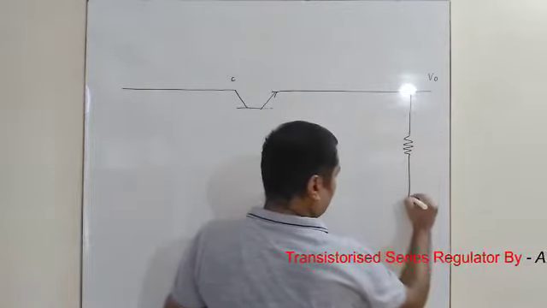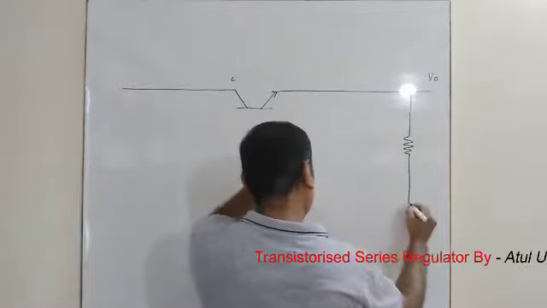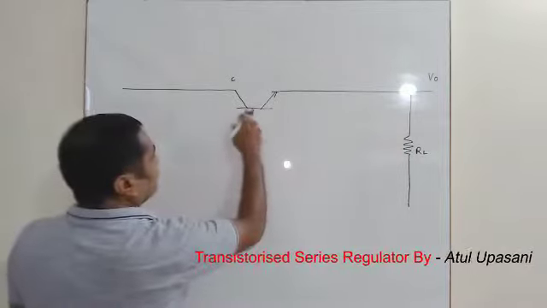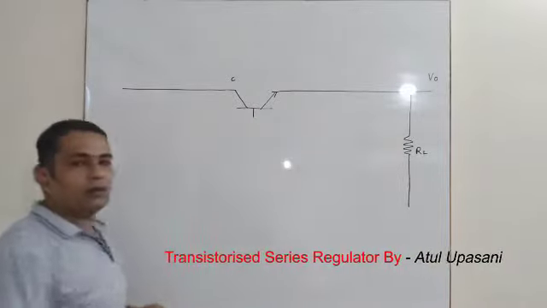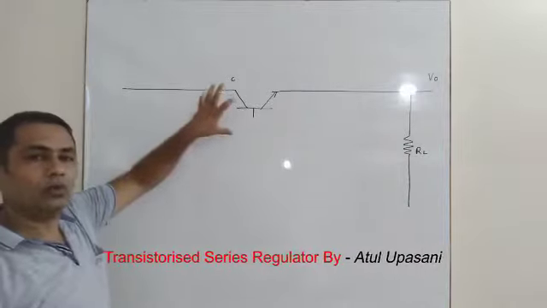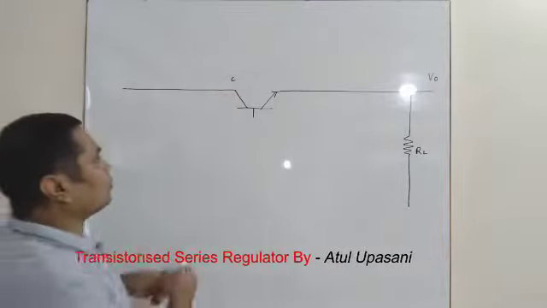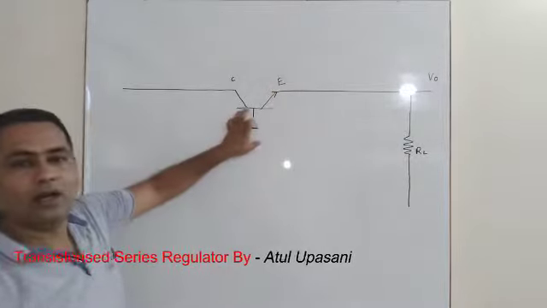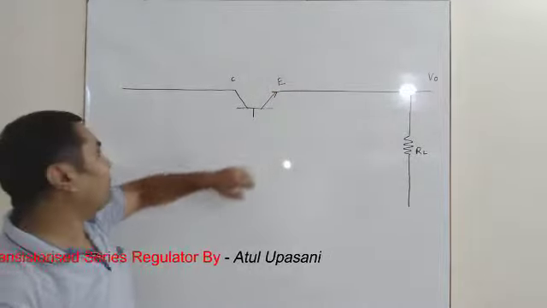To represent the output I am going to connect a load resistance here. This transistor is operated in common collector mode, so it is known as an emitter follower. Output is taken across the emitter, so that is why it is an emitter follower.